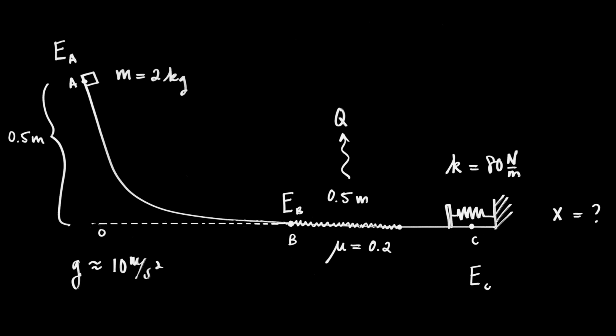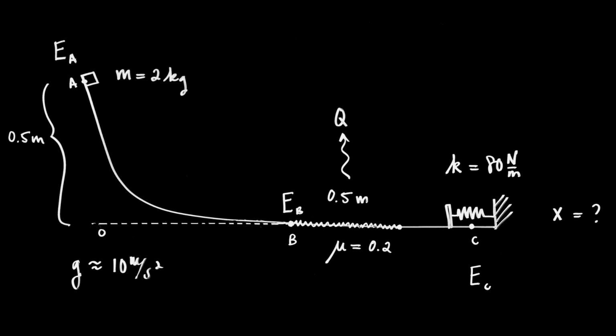And then I encounter this spring. A spring has a stiffness constant, k, that describes how much force I get per unit meter of stretch or compression. I'm going to say, for the purposes of this calculation, that the spring constant of this spring is 80 newtons per meter. And now I have all the information that I need to calculate how far the spring compresses in bringing the block to rest.